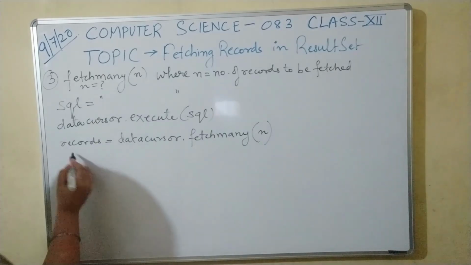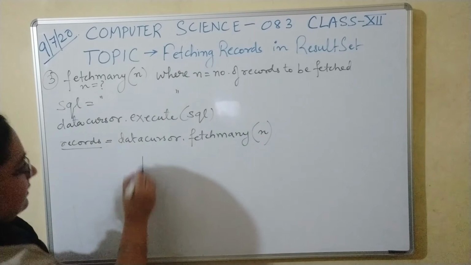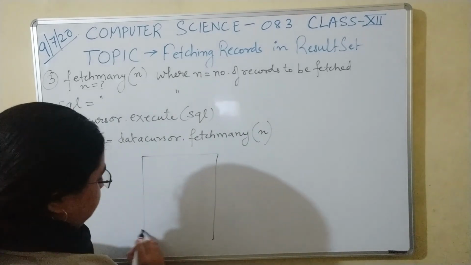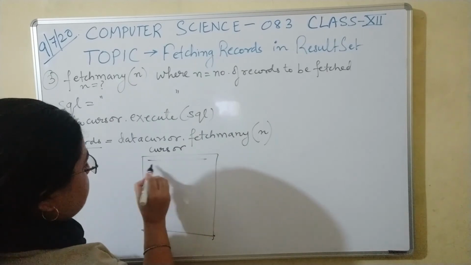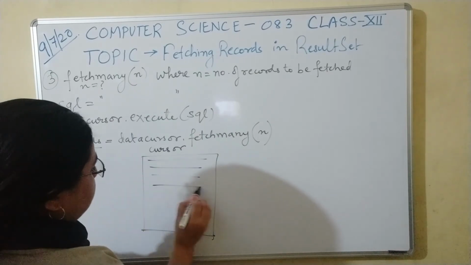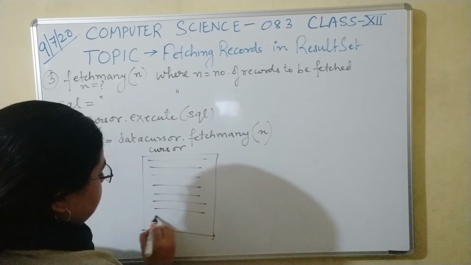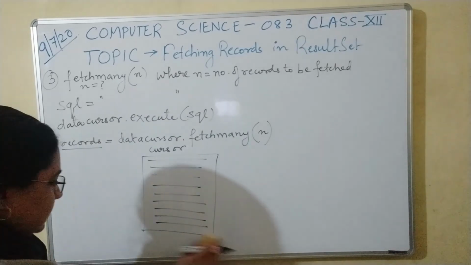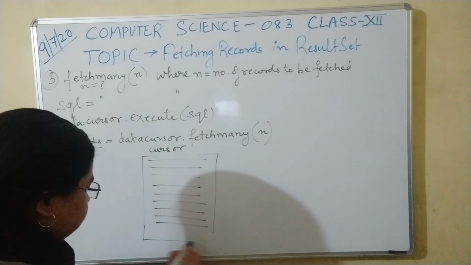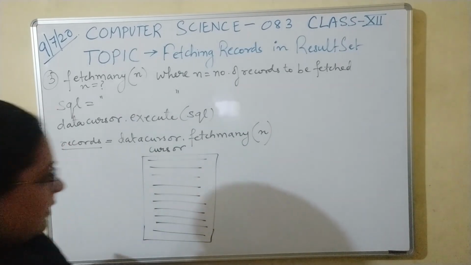So what it is going to do is, this is your cursor, suppose the cursor contains 10 records: 1, 2, 3, 4, 5, 6, 7, 8, 9 and one more, that is 10. 10 records are there.